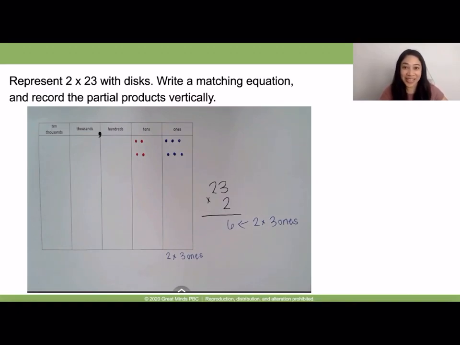Now, let's do the tens. What is the total value of the tens? 2 times 2 tens equals 4 tens, which equals 40. Let's write 2 times 2 tens under the tens column now.